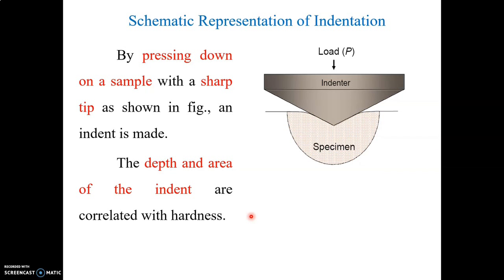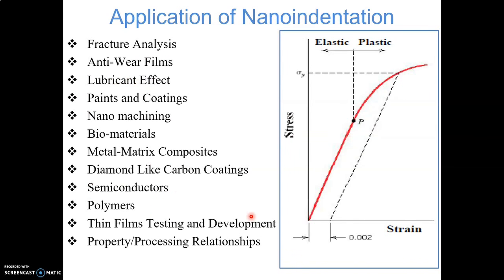This is the chart that is analyzed with this nano indentation technique. These applications can be seen with nano indentation. It's mainly useful for biomaterials, some types of electronic devices and surface coatings.